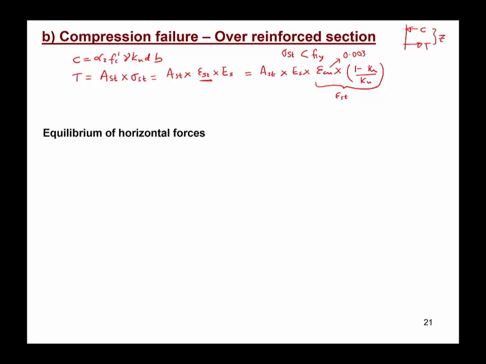So for the equilibrium of forces, C has to be equal to T as written before, and that means alpha 2 f'c gamma ku d b should be equal to the area of steel times Es times 0.003 times (1 minus ku) over ku.